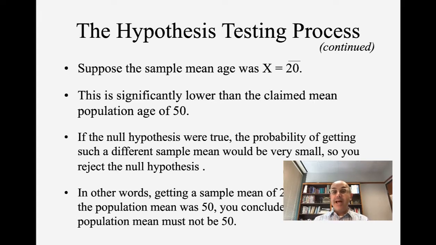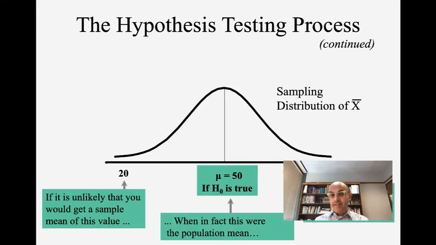So if the null hypothesis is true, the probability of getting such a different sample mean would be very small, so you will reject the null hypothesis. In other words, getting a sample mean of 20 is unlikely. If the population mean was 50, you can conclude that the population mean must not be 50.